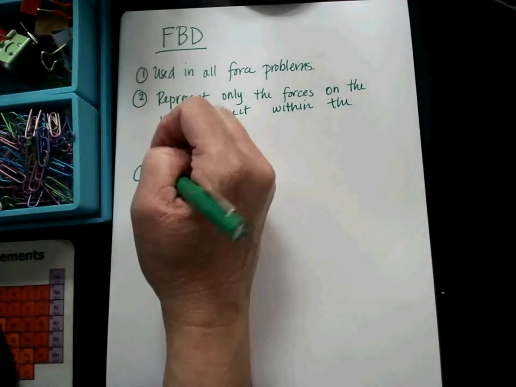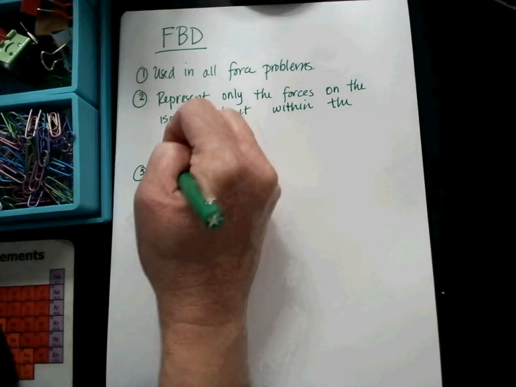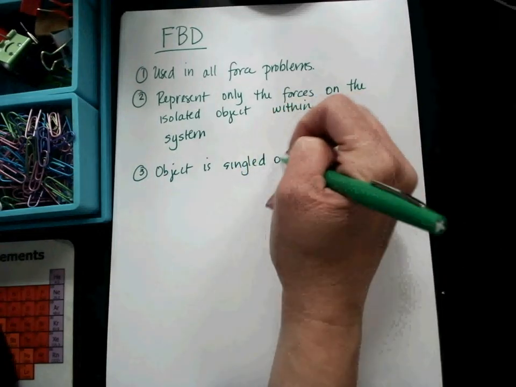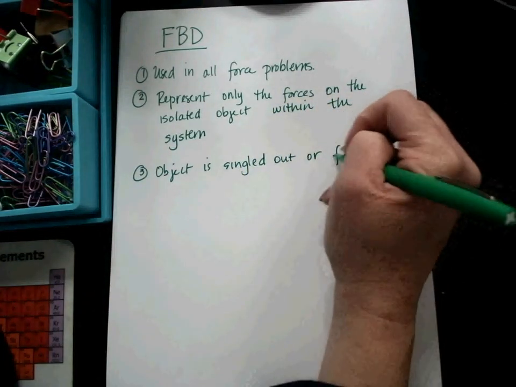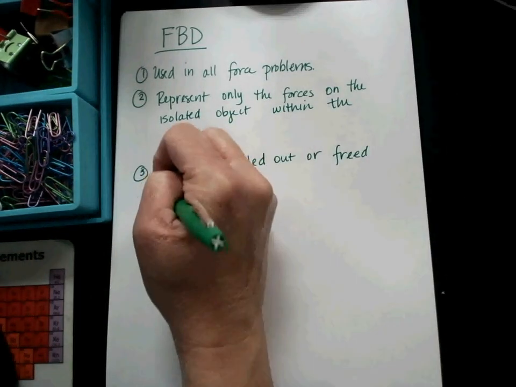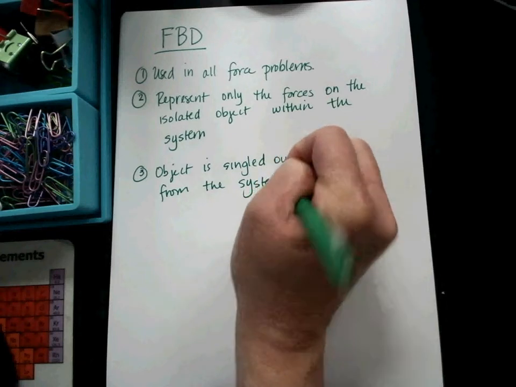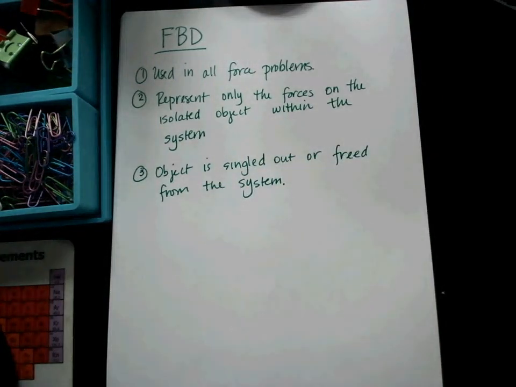We say that the object is singled out, or it might say freed, from the system. I'm just giving you that to give you different ideas of how it could come to you, like in multiple choice questions, or how to work through something and separate it into its parts.